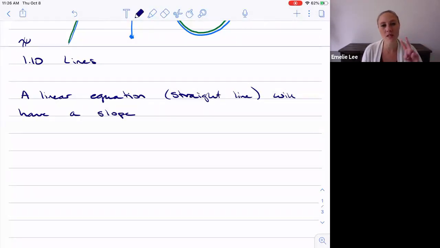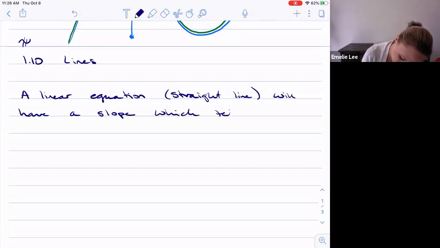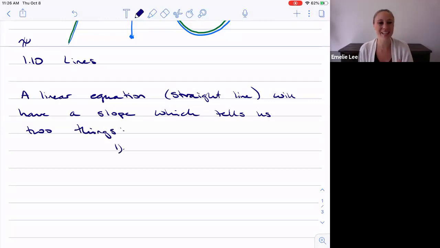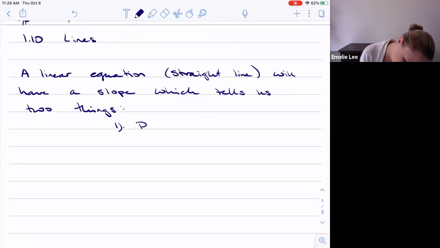And the slope tells us two things. First thing is whether this line is positive or if it's negative, right? So which direction is it going in? Whether it's positive or negative.